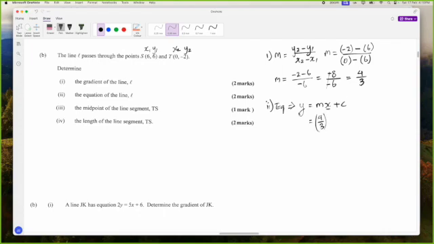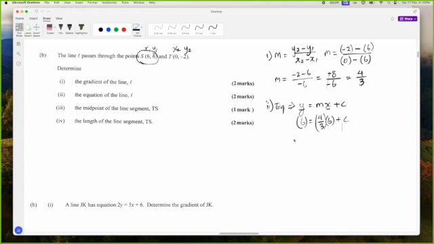For x and for y, I will use one of these points, and let me use this point here, because I could see that the 6 as the x will go into the 3. So I will use 6 as the x, and of course you have 6 as y as well, and now we could solve for c.